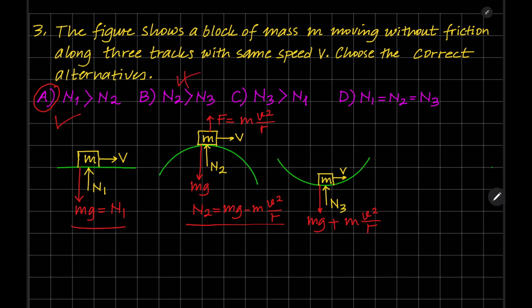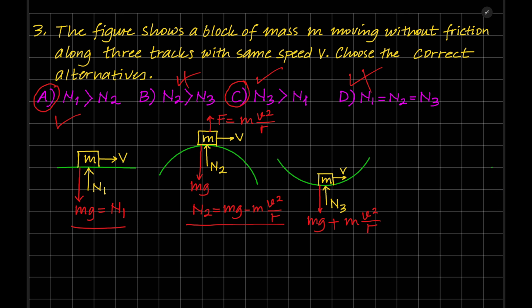This is false. C, N3 is greater than N1. Yes, that's true. Choice C is also true. And D, N1 is equal to N2 equal to N3. No, this is false. I hope it's clear.